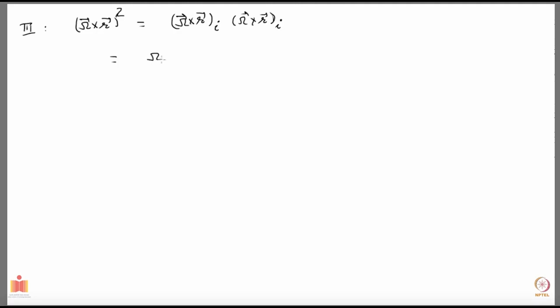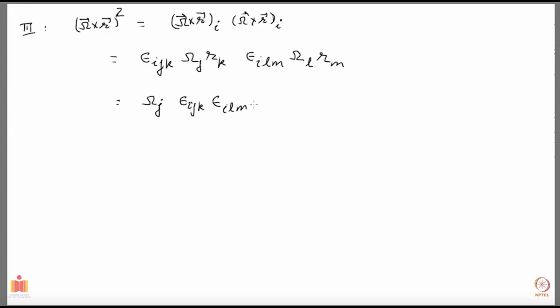You get epsilon_ijk omega_j r_k, then you have epsilon_ilm omega_l r_m. Now let me write it down like this: omega_j times epsilon_ijk epsilon_ilm, then you have r_k r_m, and then you have omega_l.